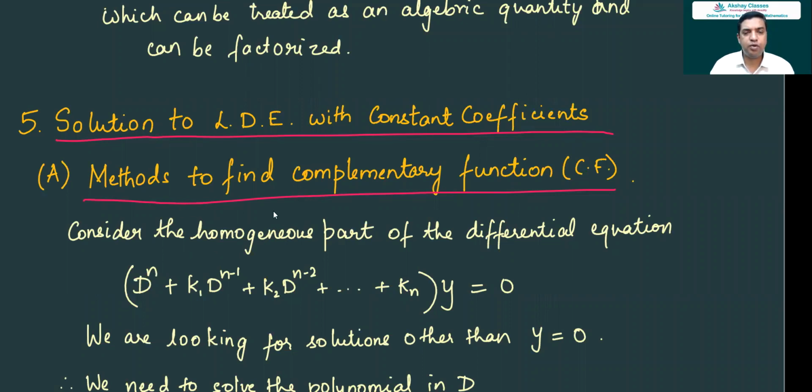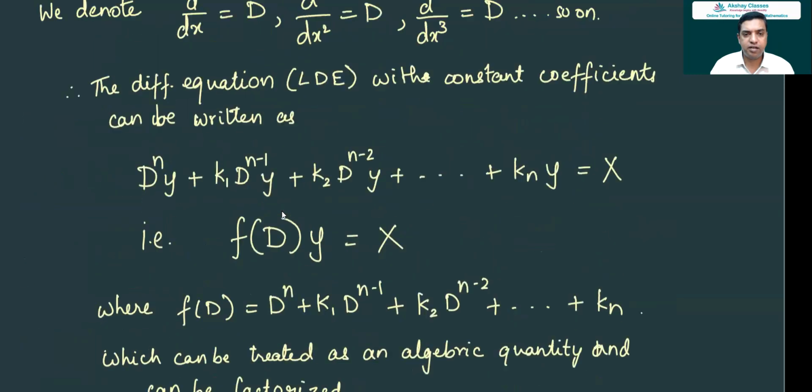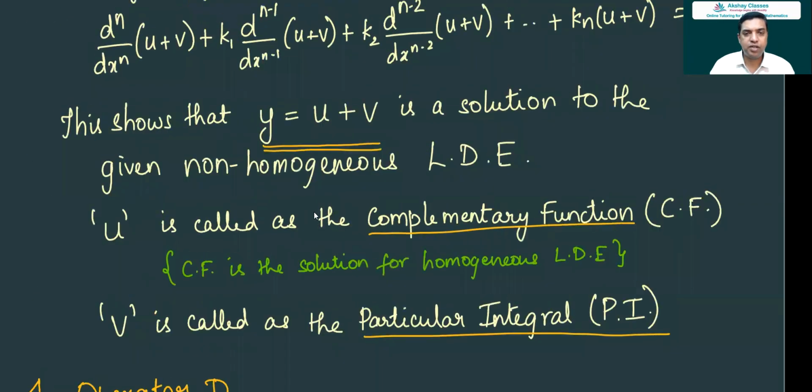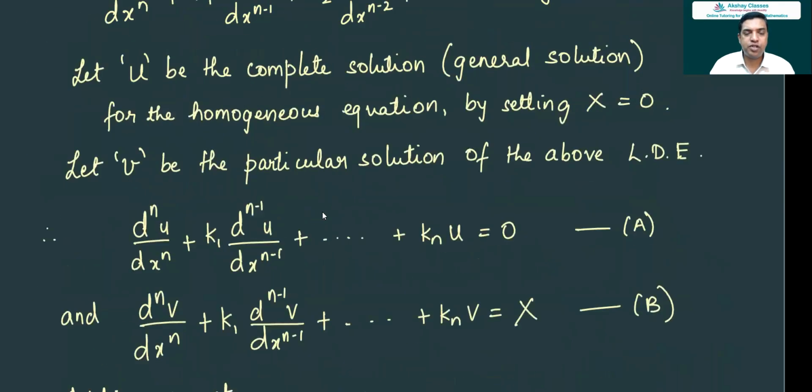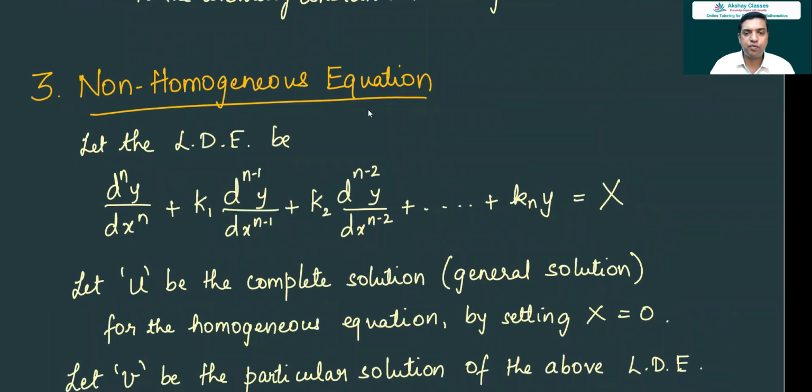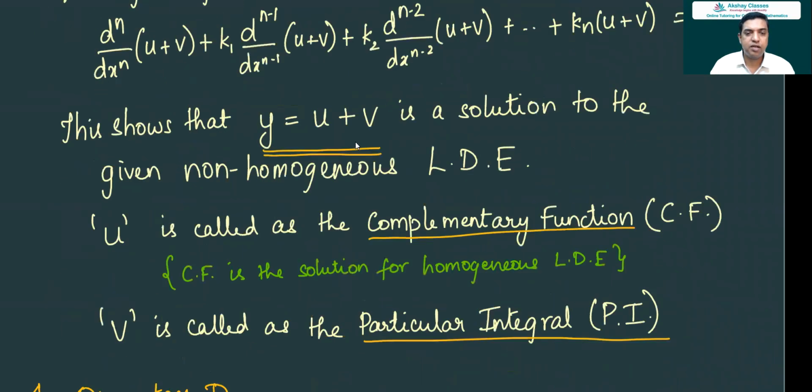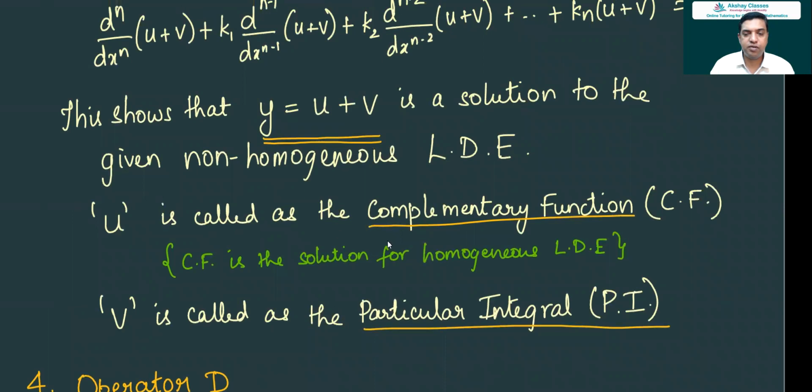Today, we will find out the particular integral. As we know, there are two portions for a solution of a non-homogeneous equation. One is the complementary function, which is the solution for the homogeneous linear differential equation.